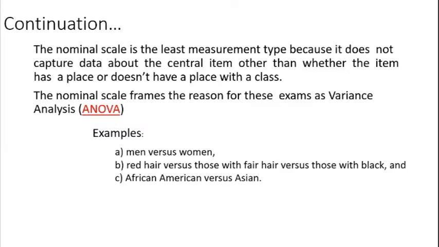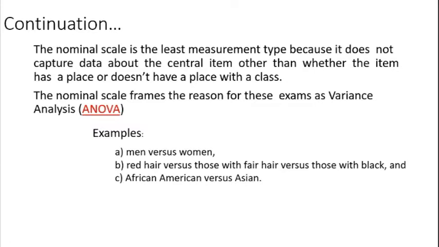That's why we have here the ANOVA, or the analysis of variance, which is another type of statistical analysis or statistical test. So what does ANOVA measure? It measures the significant difference between two or more variables. We are given examples below.